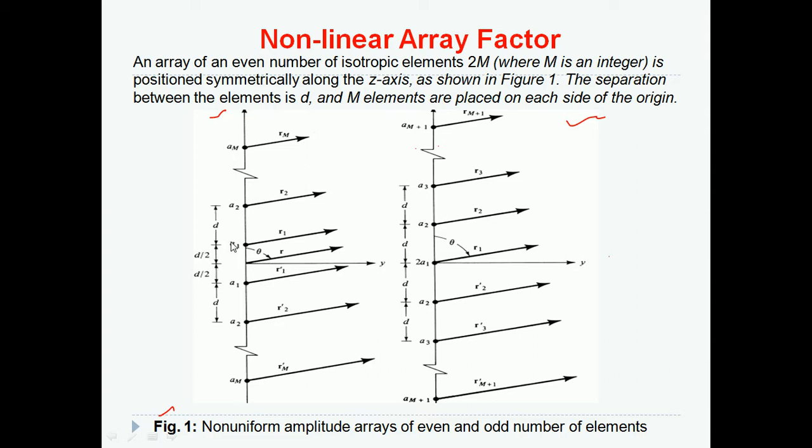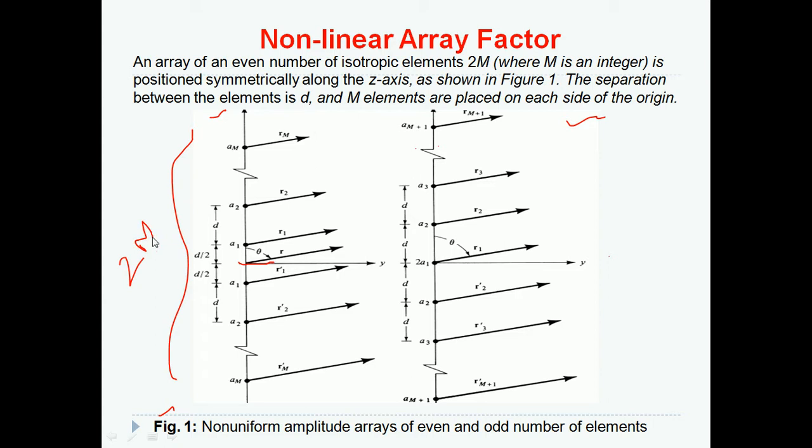These elements are distributed about the origin, along the direction of Y in the figure, in symmetric fashion. So the total number of elements is 2M in the array.